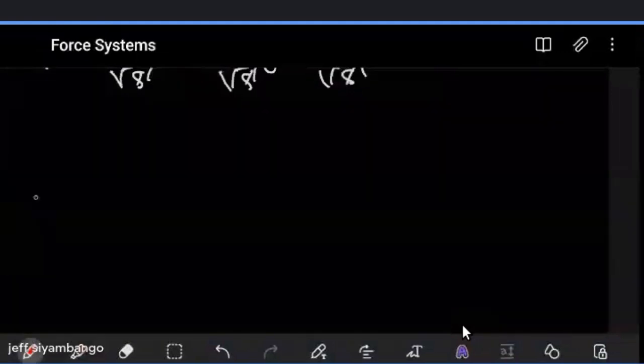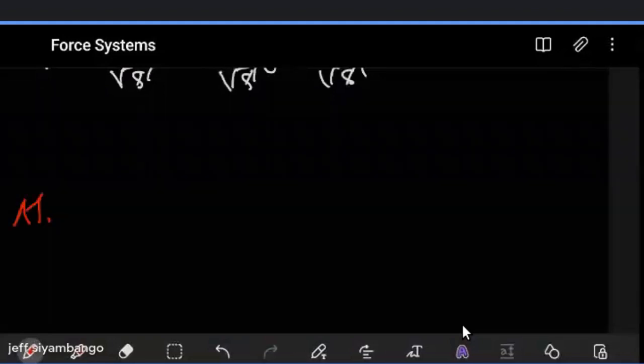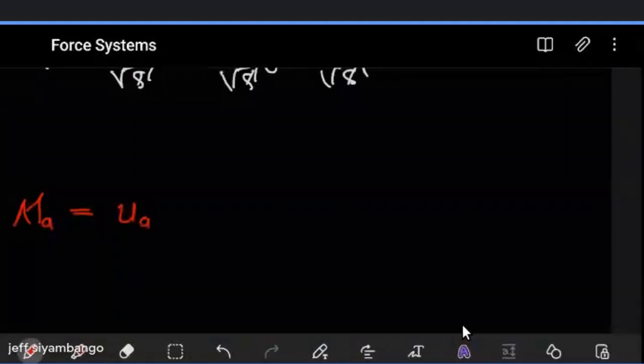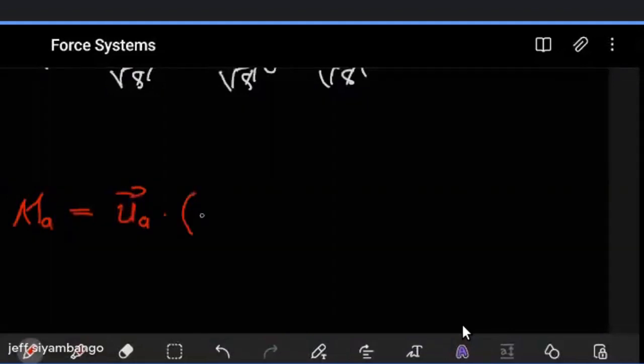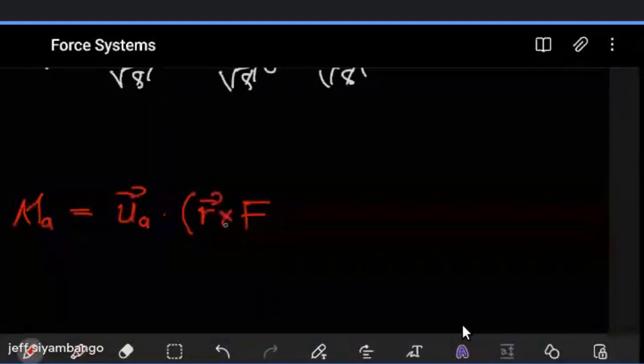For that axis, we need a unit vector that runs along it, because the moment about an axis is equal to the dot product of a unit vector that runs along that axis with the moment of the force about any point along that axis. So you see, any point that lies along that axis.